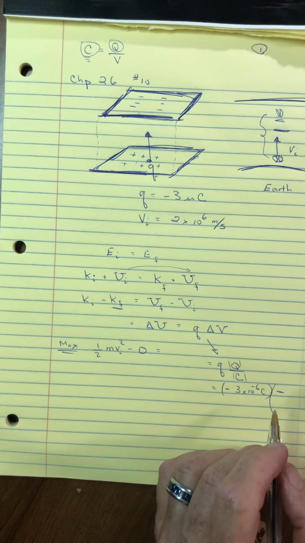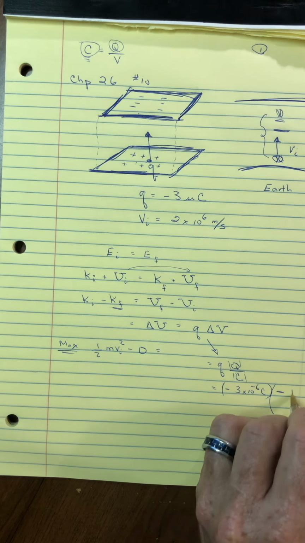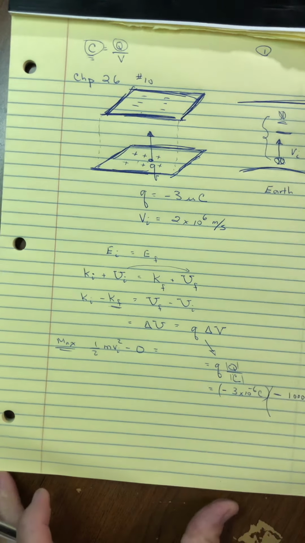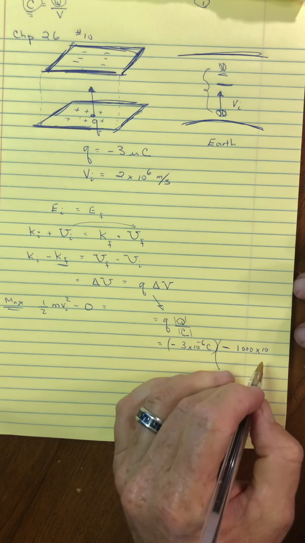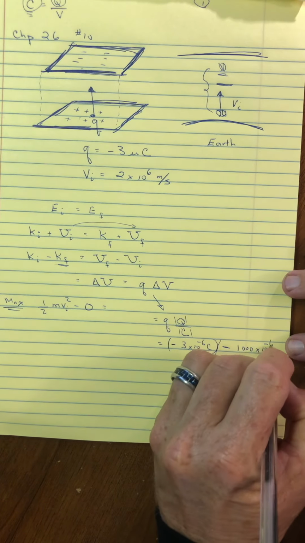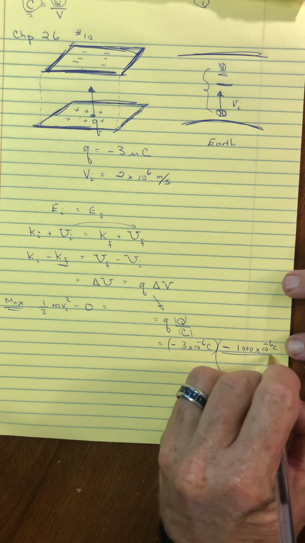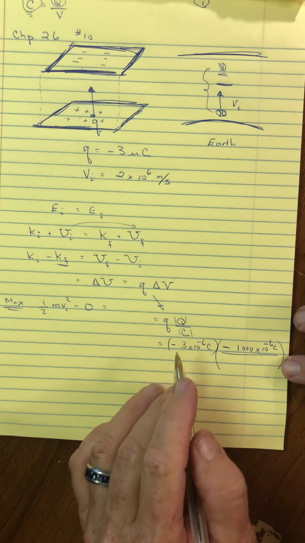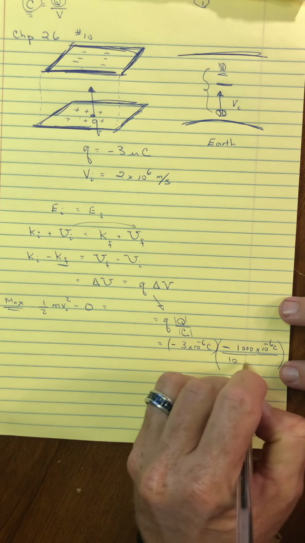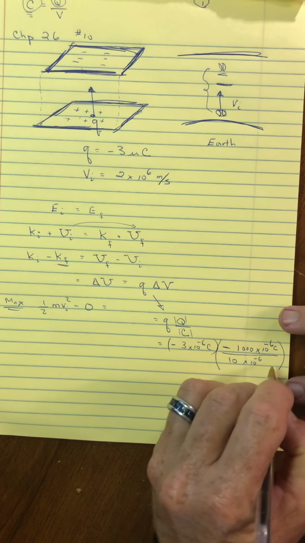So the absolute value of the charge on the plate is 1,000 microcoulombs. And the capacitance is 10 microfarads.